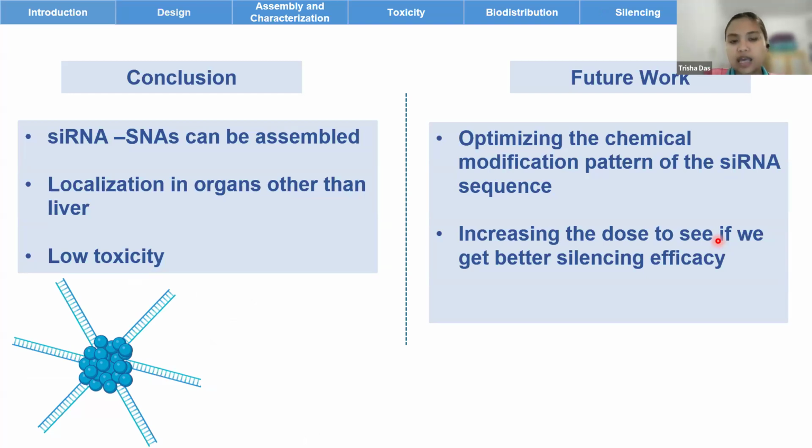For future work, as I already mentioned, we want to optimize the chemical modification of the siRNA to have better efficacy. We will also increase the dosage to see if we can get a better response.